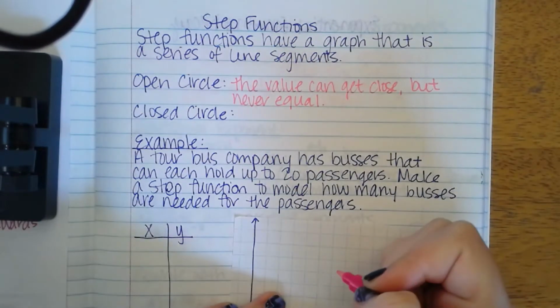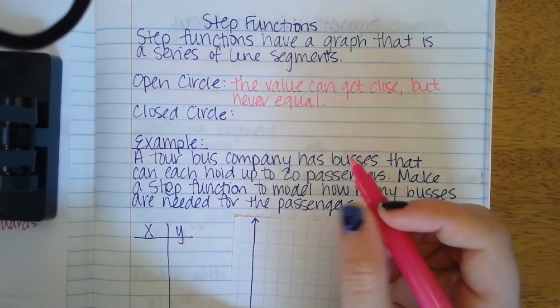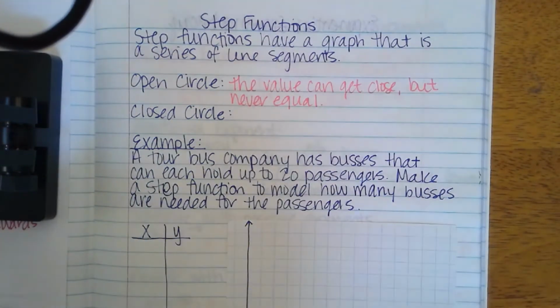For example, if you put an open circle on 5, that means you can have 4.999 forever, but it cannot be 5.